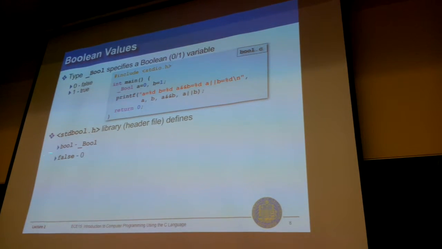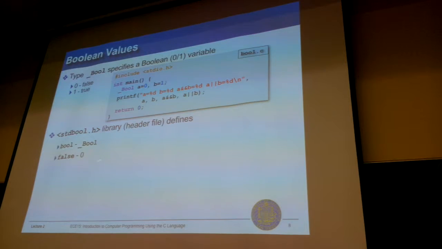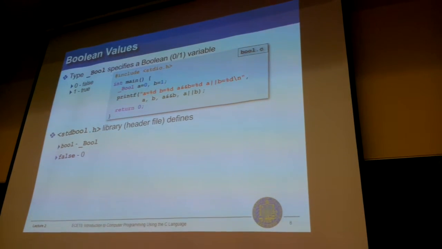You can use new keywords: false, which is equal to 0, and true, which is equal to 1, right in your code. But again, to do that, you have to include this library. If you don't include this library, the compiler will spit out an error because it won't know what these keywords mean.